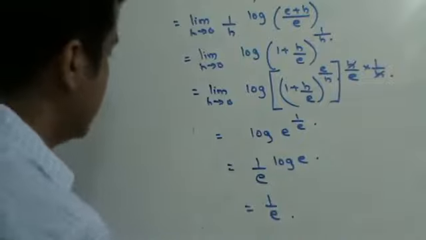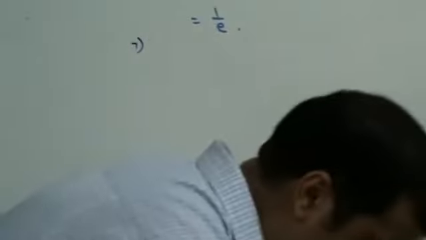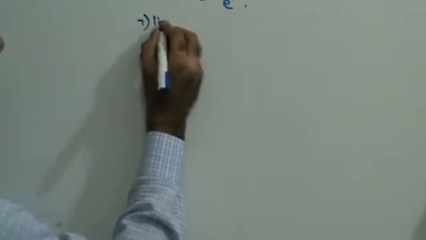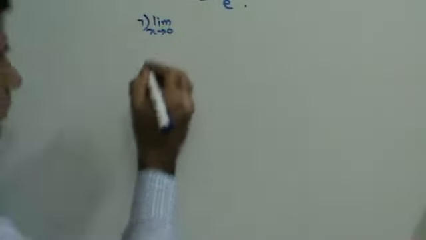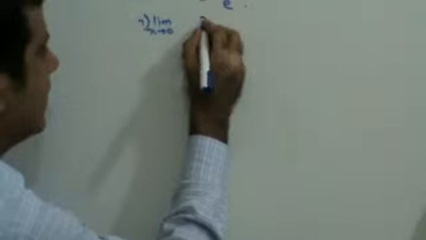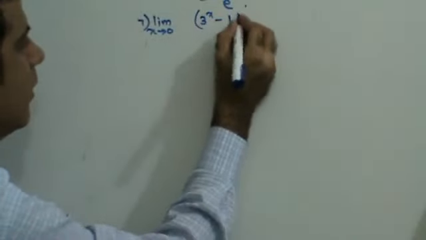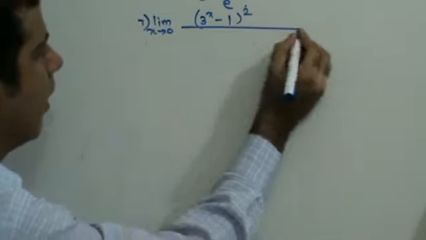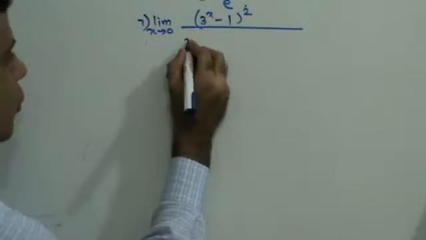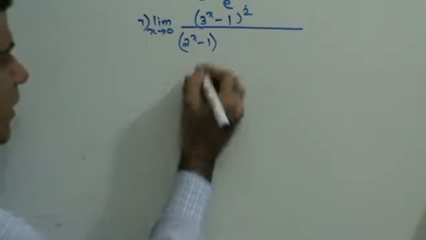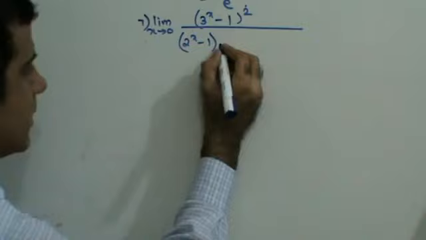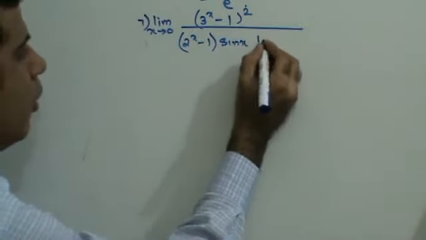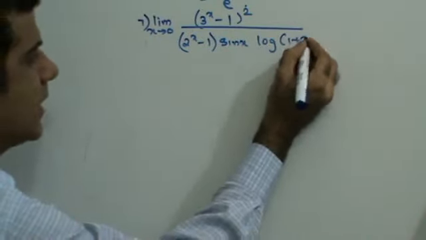The last sum to finish this type, limit of x tends to 0, 3 raised to x minus 1 the whole square upon 2 raised to x minus 1, sin x log 1 plus x.